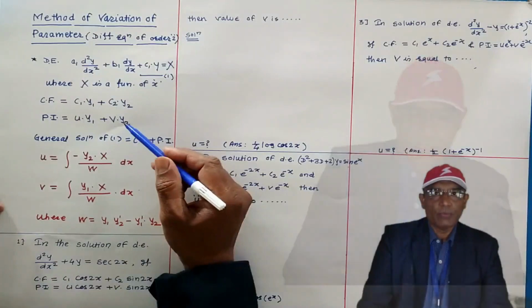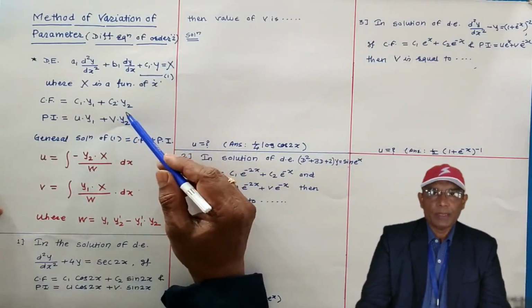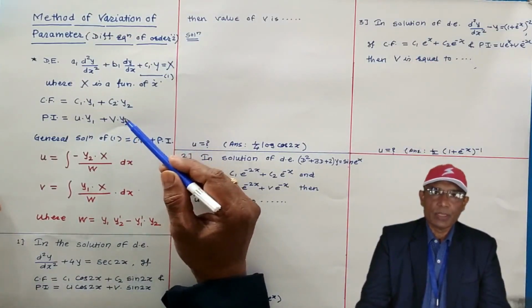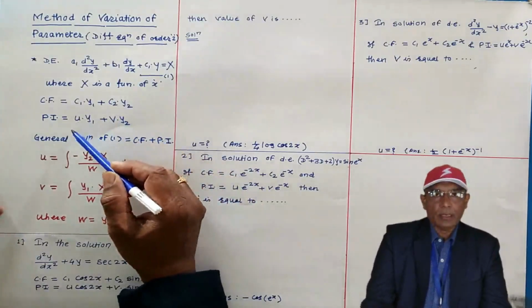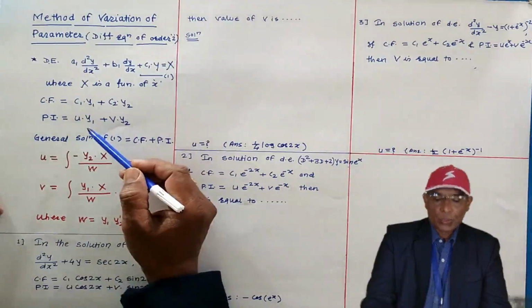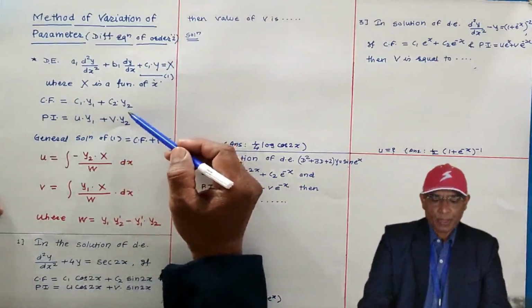Now let us start with the method of variation of parameters. Here a linear differential equation is given, and using the method of variation of parameters, we are going to solve it. In this method, we have to find the complementary function, which we have discussed earlier, and we set the particular integral using the complementary function.